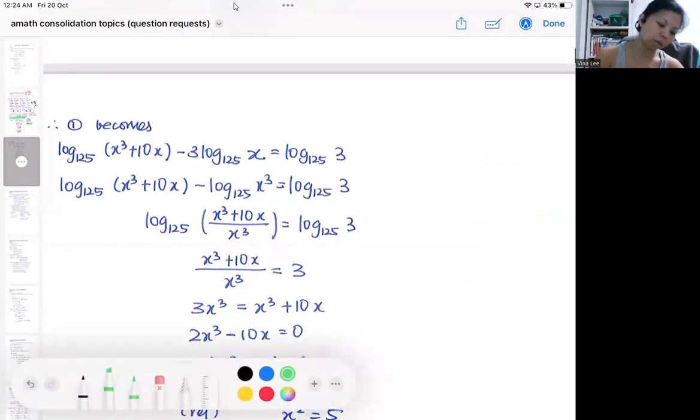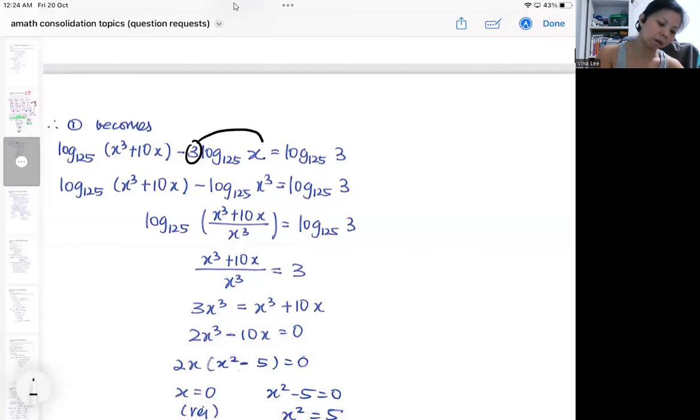So what you will need to do is just bring it up as a power and you will be getting an x cube. And where you hit this part, same base, you got a log minus log. That will be a fraction. And subsequently, you realize that it comes to same base where you can simply compare.